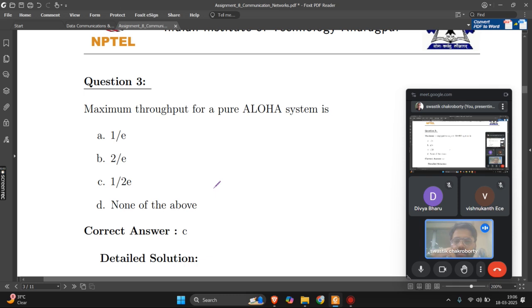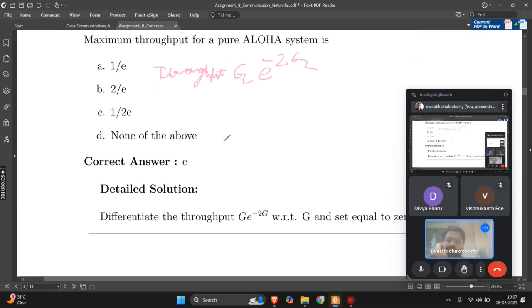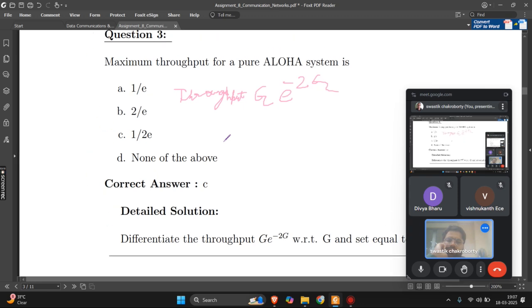Next, question 3. Maximum throughput for a pure ALOHA system. Maximum throughput here is G e to the power minus 2G.